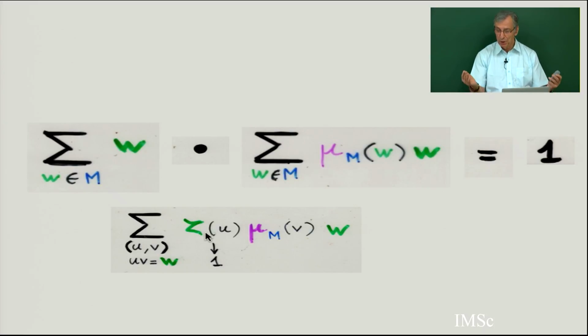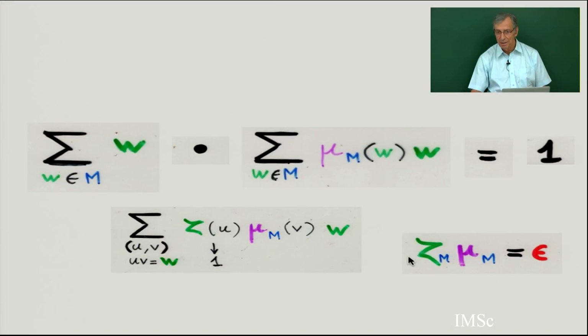To take the product of two power series is exactly the convolution product of the monoid in the incidence algebra. Product in the incidence algebra is equivalent to taking the product of these formal power series. So this product means it's a sum over all pairs uv equal w of this. And because zeta times mu is epsilon, I get this formula equal to 1.